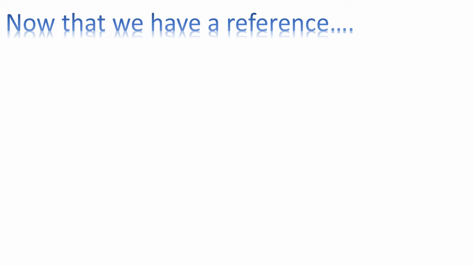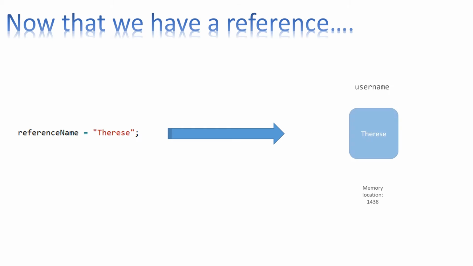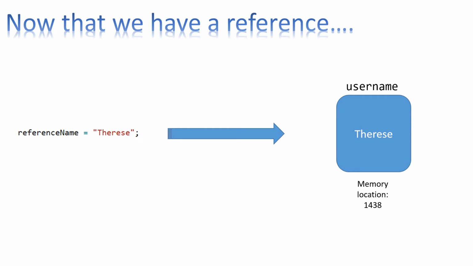Now that we have the reference, we can use it to change the original variable, username. So the statement assigns the string Therese to reference name, but actually what happens is the string Therese gets stored into username.